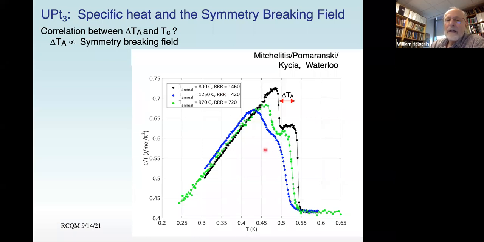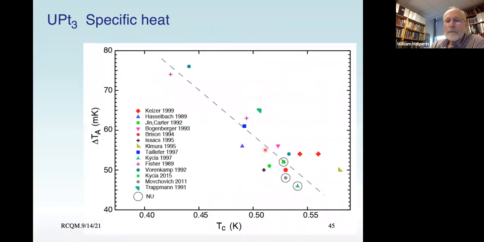If you look at that globally, for all the data that we've been able to take out of the literature, you see there's a correlation between the A phase window and TC. So whatever affects TC, which we think of as being mostly, but not entirely, the scattering from defects, nonetheless, there seems to be a correlation.